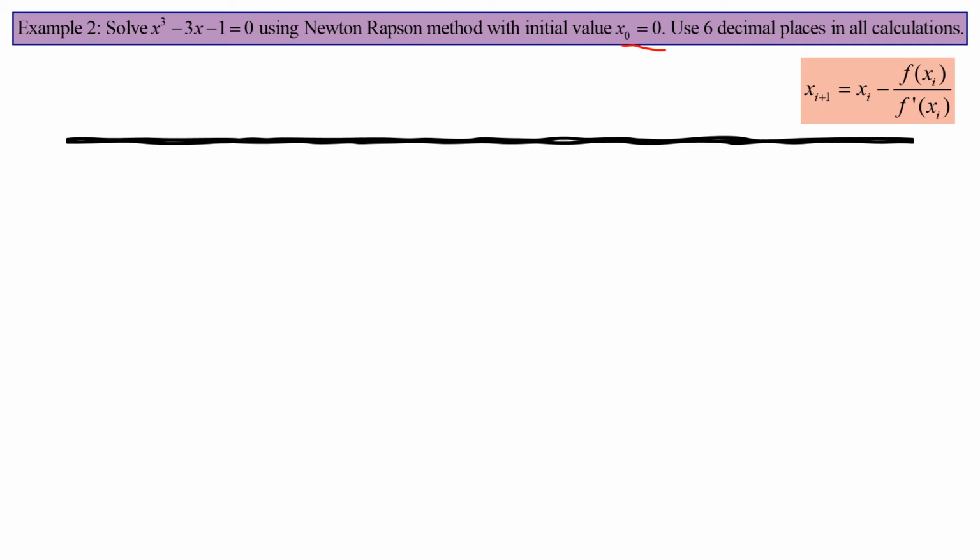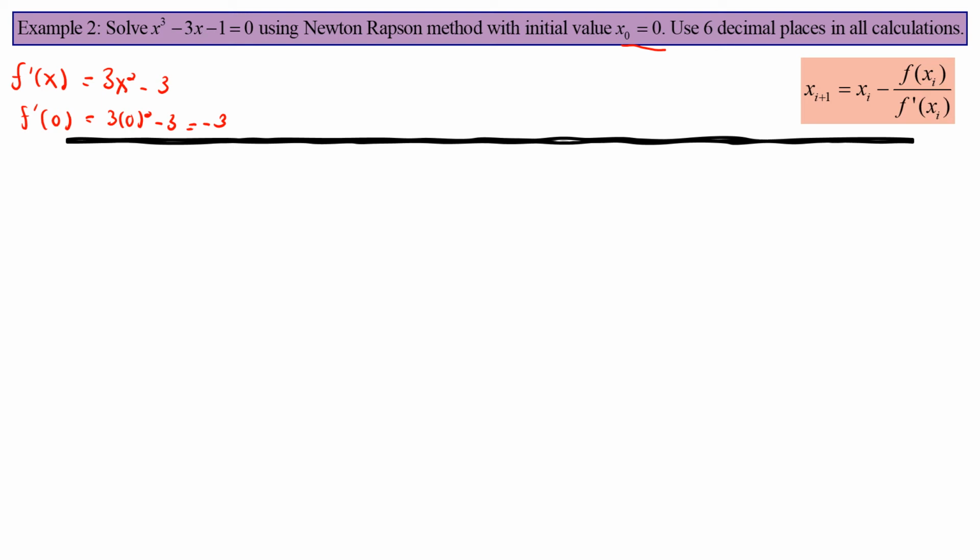Now you find f prime of x. So f prime of x equals 3x squared minus 3. Substitute 0 in f prime of x, you will get 3 times 0 squared minus 3 equals negative 3. So 0 is a suitable initial value for this problem, so you can proceed to find the value of x using the Newton-Raphson method.